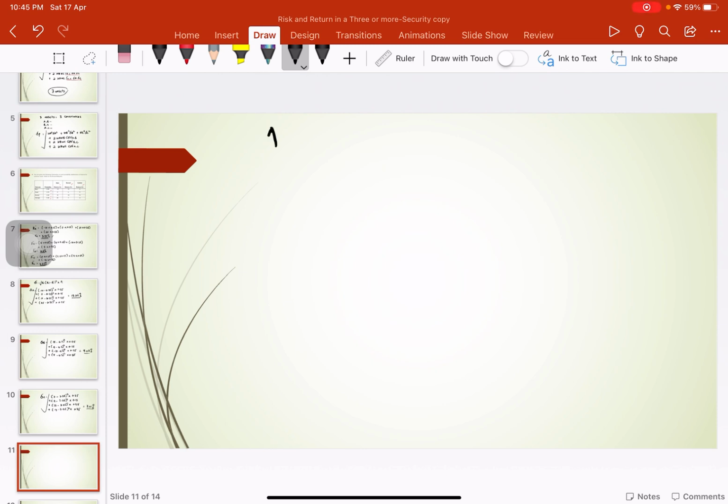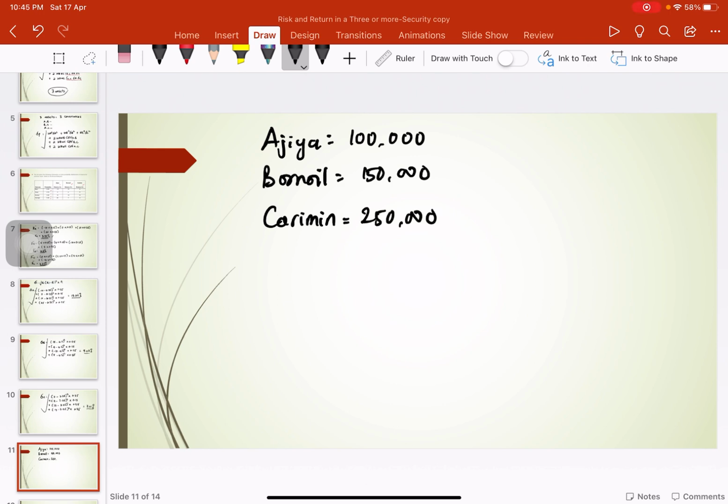So Ajia 100,000 to be invested in Ajia, and then Bornoil 150,000, and then Karimin 250,000. Dia tak bagi weight kat sini, so we have to calculate the weight based on the investment given. So we know that the total investment is 500,000 semuanya.